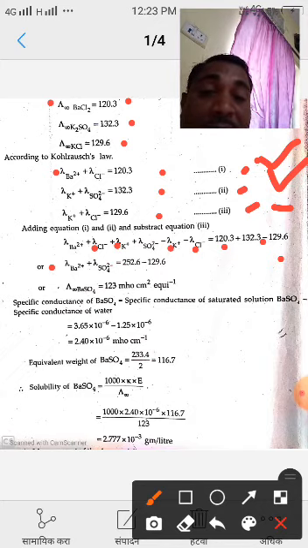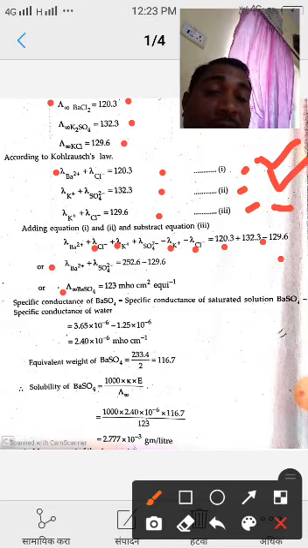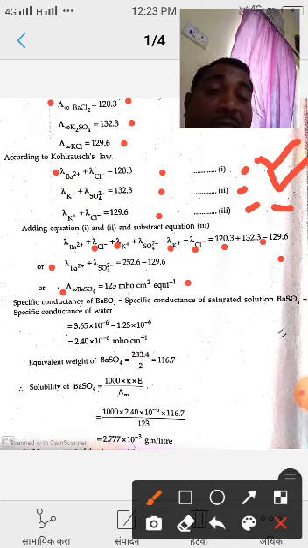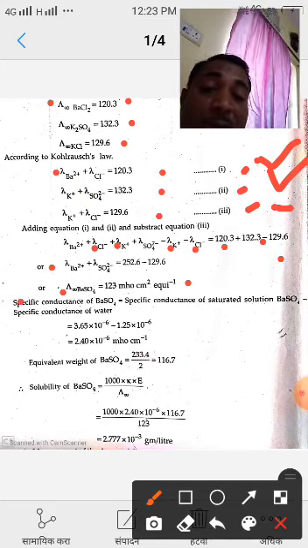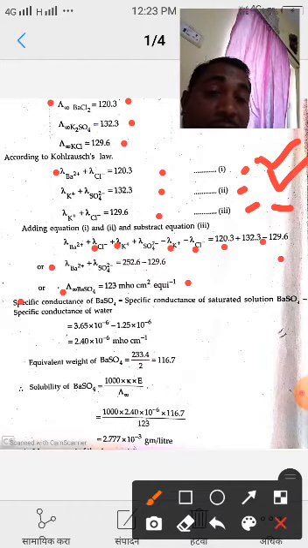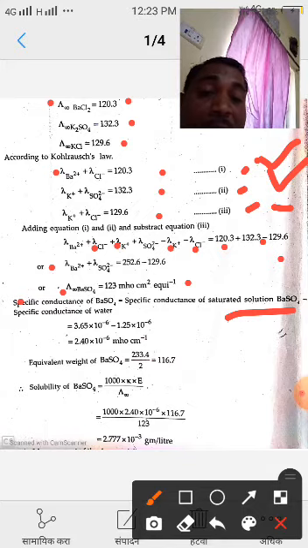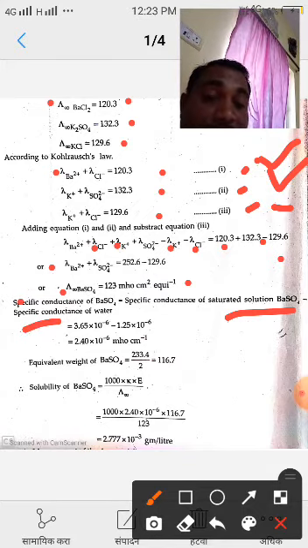This sum of the ionic conductance of barium and sulfate negative ion is always equal to the equivalent conductivity of barium sulfate, whose value becomes 123 mho cm square per equivalent. Now the specific conductance of BaSO4 is equal to the specific conductance of saturated BaSO4 minus the specific conductance of water.